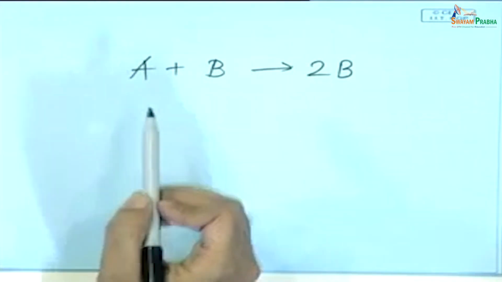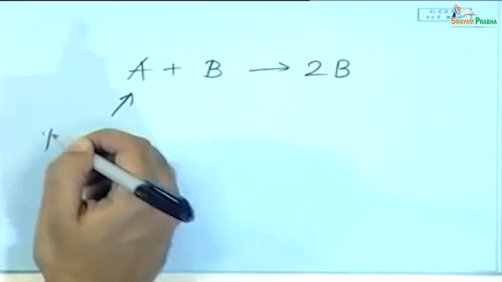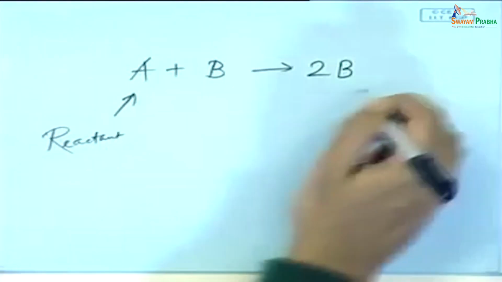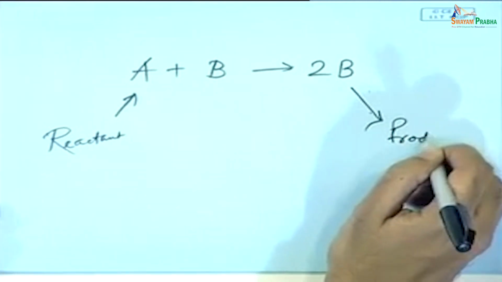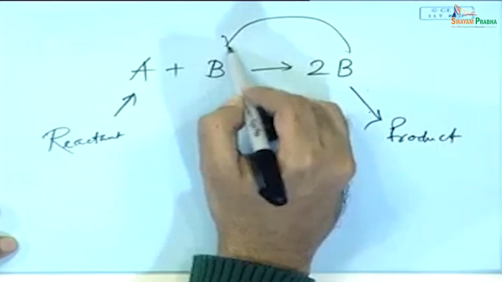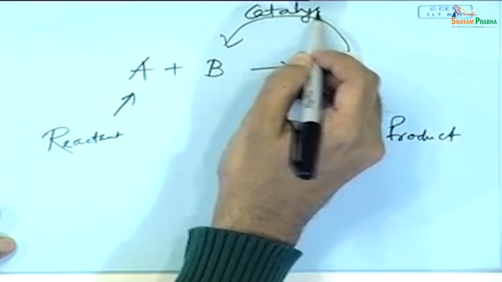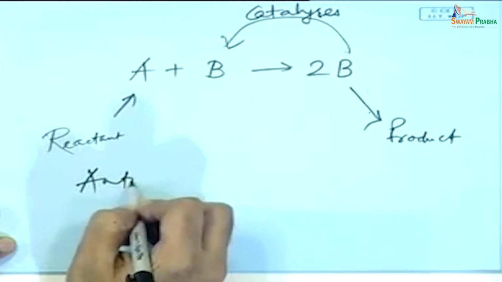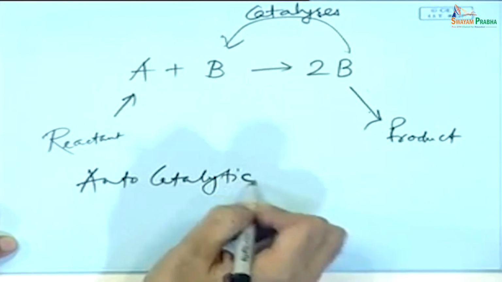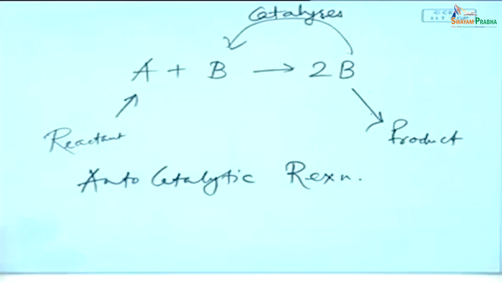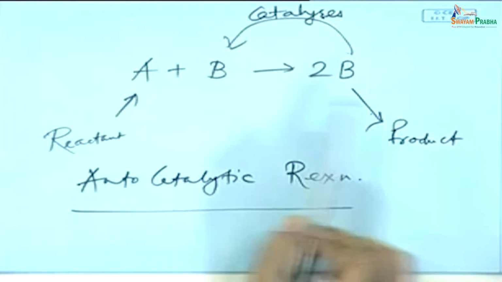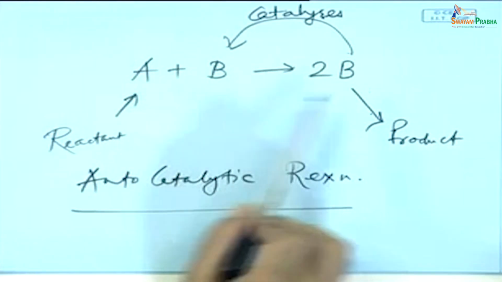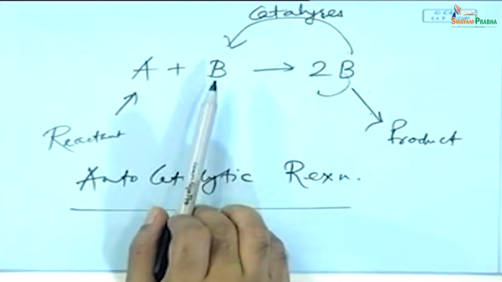Here A is your reactant, B is your product, and this B itself goes and catalyzes. So the more B you produce, the more the reaction is catalyzed.